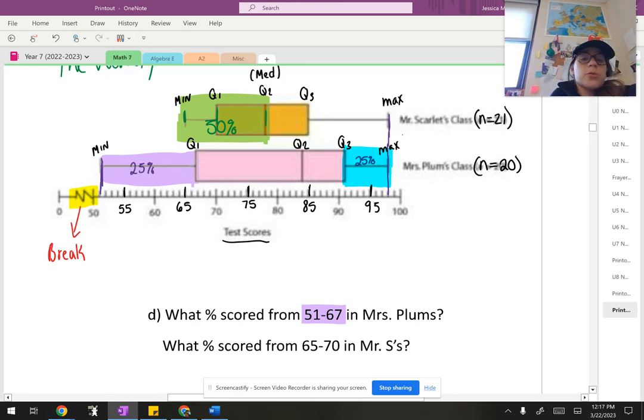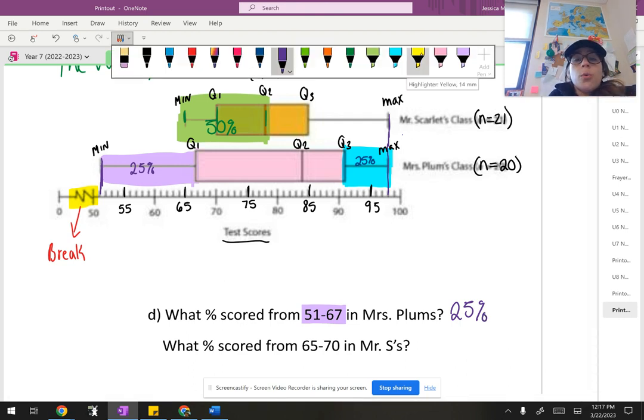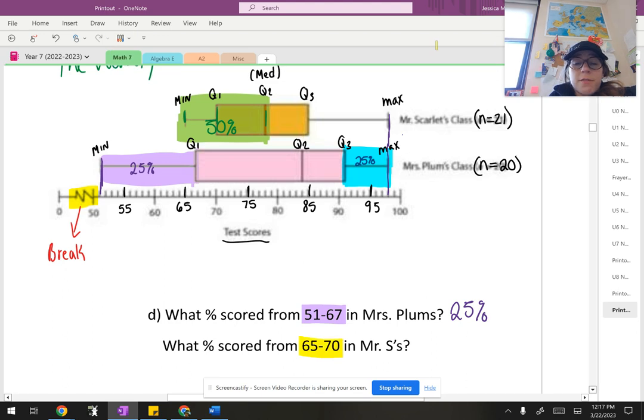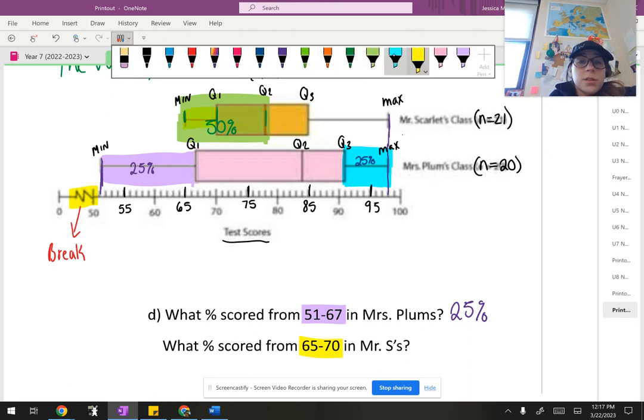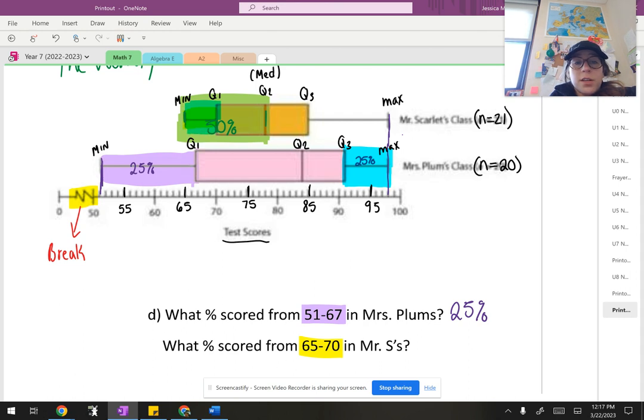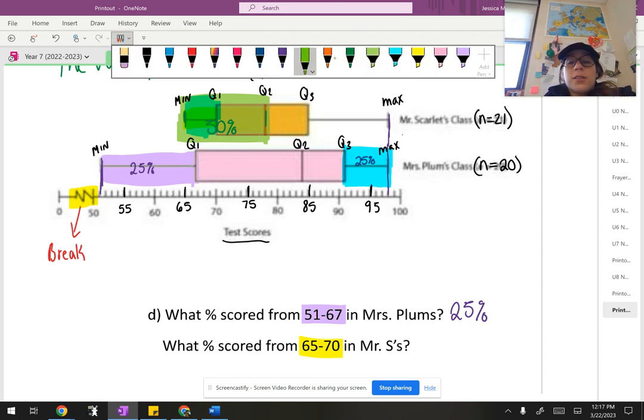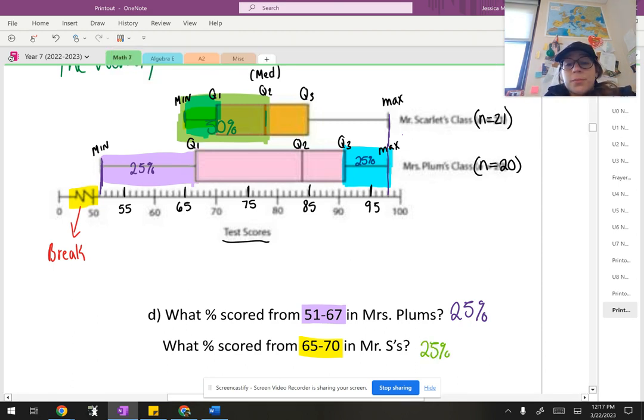So that's 25%. What percent scored from 65 to 70 in Mr. S's? 65 is their minimum to 70. Oh, that's only one section or half of the 50 section, making it 25%.